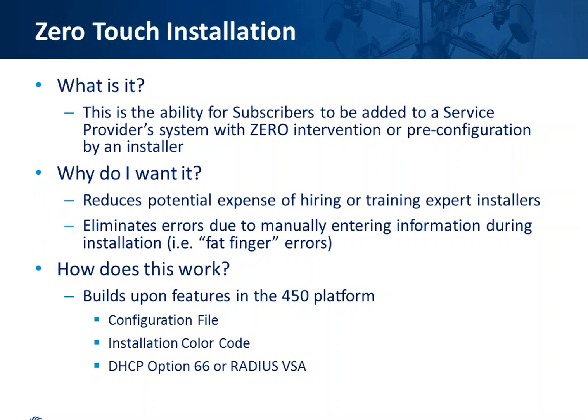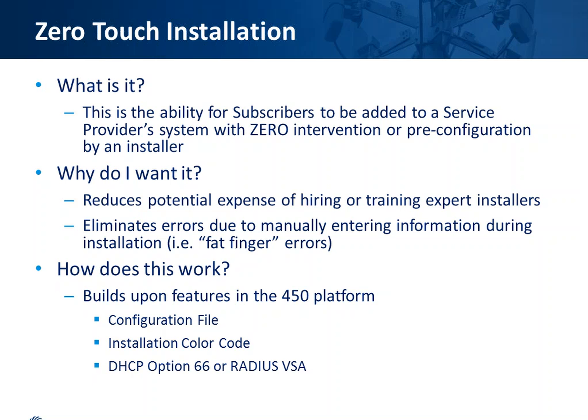We're building upon several features that already exist in the platform or have been newly introduced to it. The main pieces of this zero-touch configuration include the ability to import and export a configuration file, and we'll talk about that file and how it's created and maintained. The second is the use of the installation color code. We have a concept in the radio called color code that allows SMs to be assigned or authenticated to specific APs, and we have a very special one called an installation color code, and I'll explain what that is.